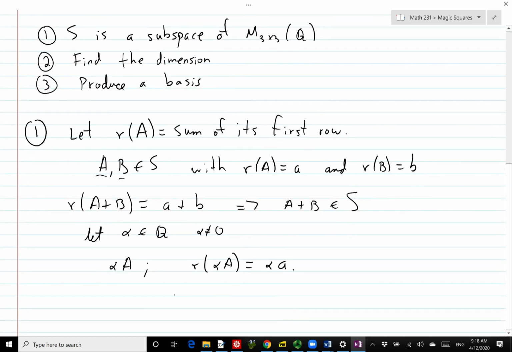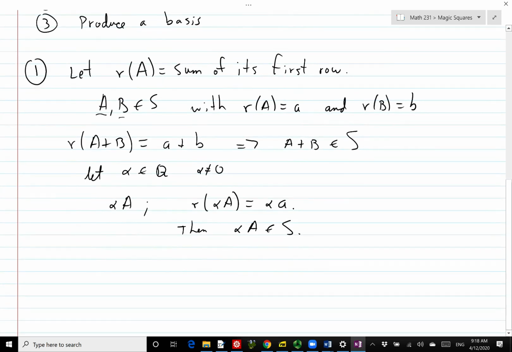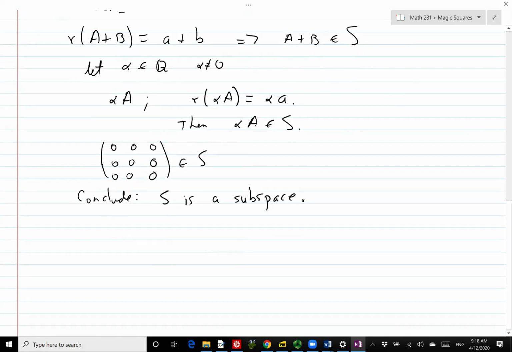So in other words, alpha times A is in this subspace, and the 0 matrix is also in the subspace because every row, every column, and every diagonal adds up to 0. So we can conclude S is a subspace.